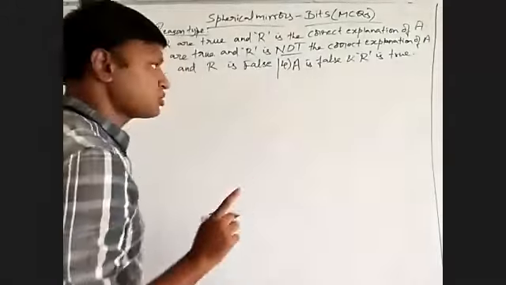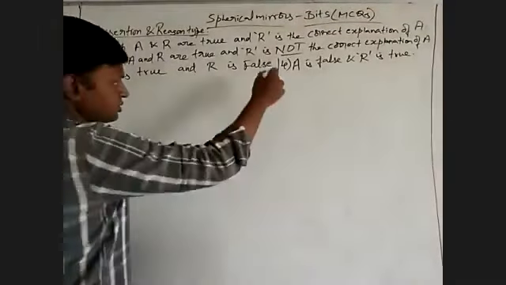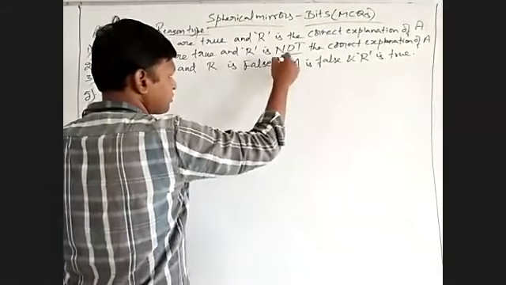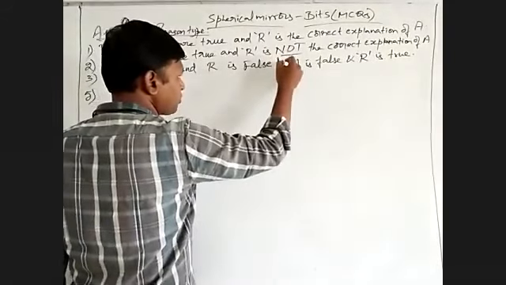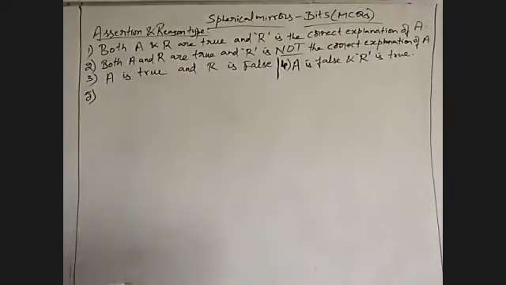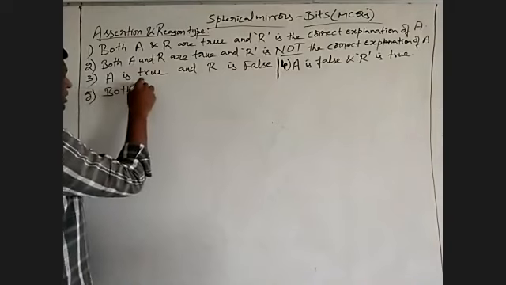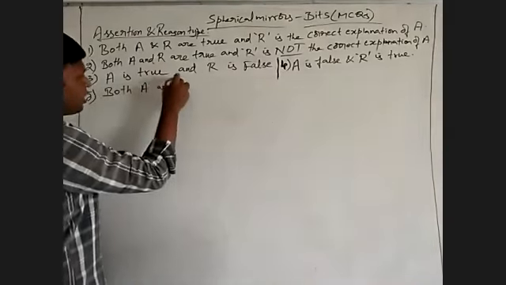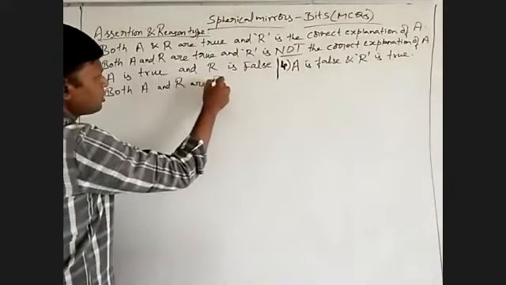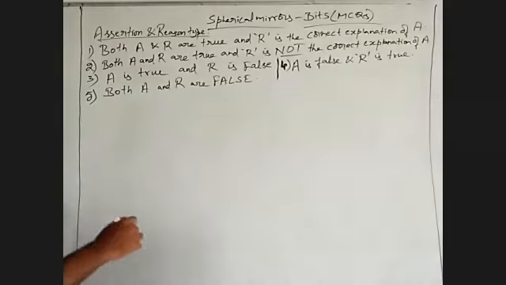Then the fifth one is also there. Don't confuse, fourth I have written here. Fifth one: both A and R are false. So this you have to remember.